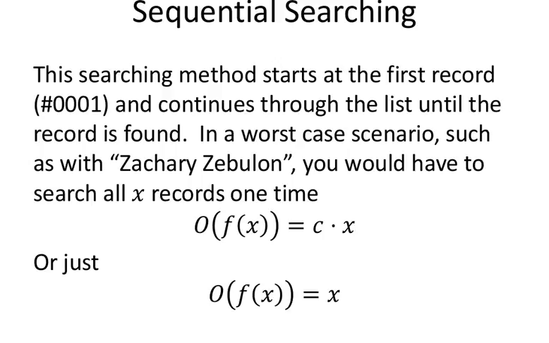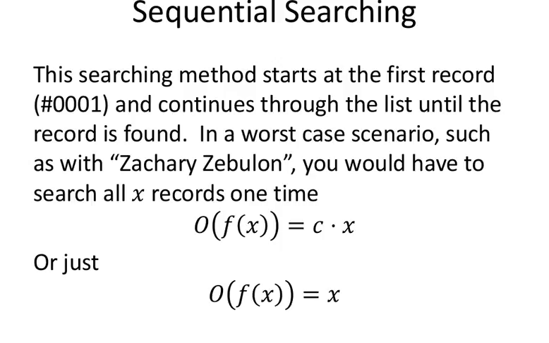And let's say you have a worst case scenario of a guy whose name is Zachary Zebulon. You'd have to search practically the entire database to pull this record. And that would take a long time, especially if this database is very, very large, like containing 10,000 records.